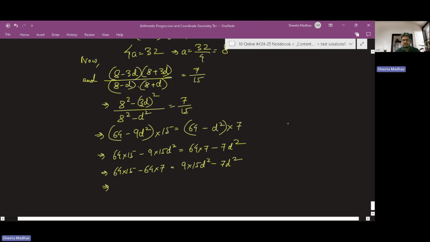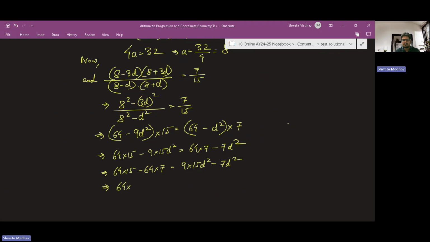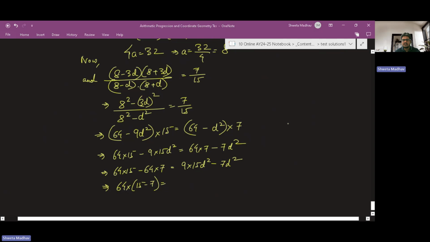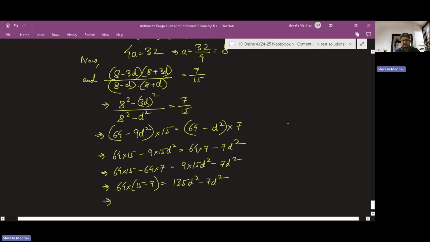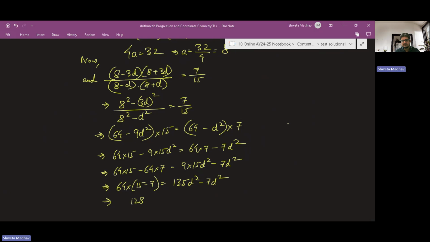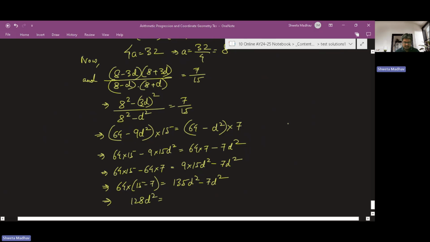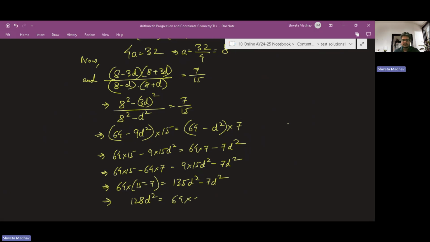So 64 I can take as common. So 64 into 15 minus 7 will be equal to 15 nines are 135, d square minus 7 d square. So this will be 135 minus 7, that is 128 d square, that is equal to 64 into 8.